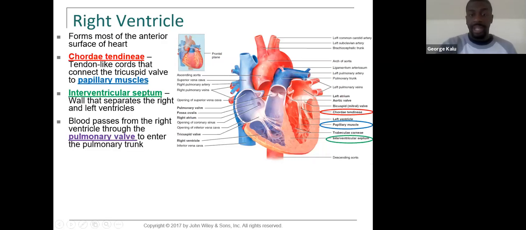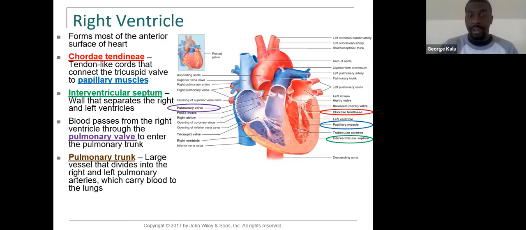Okay. The next valve that we're going to see is the pulmonary valve. So when the right ventricle contracts, it's going to be pumping blood up into the pulmonary trunk. Okay, in order to get into the pulmonary trunk, we have to pass that blood through the pulmonary valve. Once the blood passes through the pulmonary valve, it's going to enter a very large blood vessel called the pulmonary trunk over here.